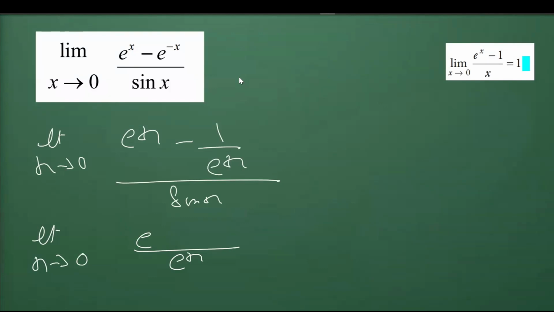E raised to the power x into e raised to the power x. Same bases multiplied, powers added. So I can write that e raised to the power 2x minus 1. And this divided by, this multiplied by sin x, because it is divided by sin x, right? So the same as multiplied by 1 over sin x.